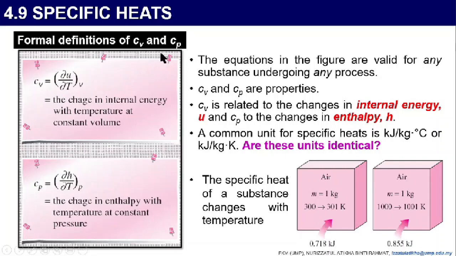The formal definitions of Cv and Cp, the equations in the figure, are valid for any substance undergoing any process. Cv and Cp are properties. Cv is related to the changes in internal energy, U, and Cp to the changes in enthalpy, H. A common unit for specific heat, you have to remember this, is kJ per kilogram degree Celsius, or kJ per kilogram Kelvin. By the way, in most calculations, you need to make sure of the unit of the end result.